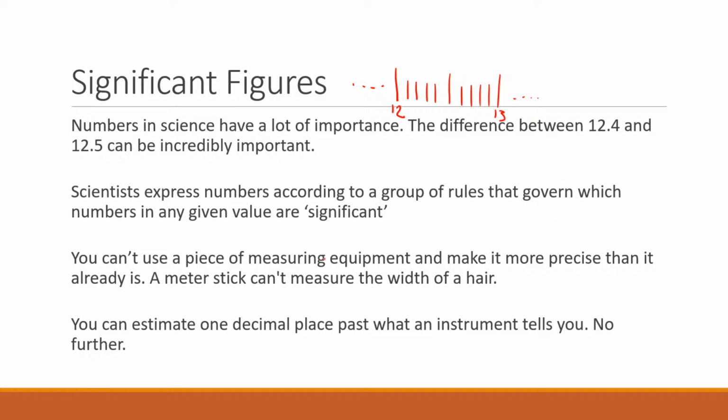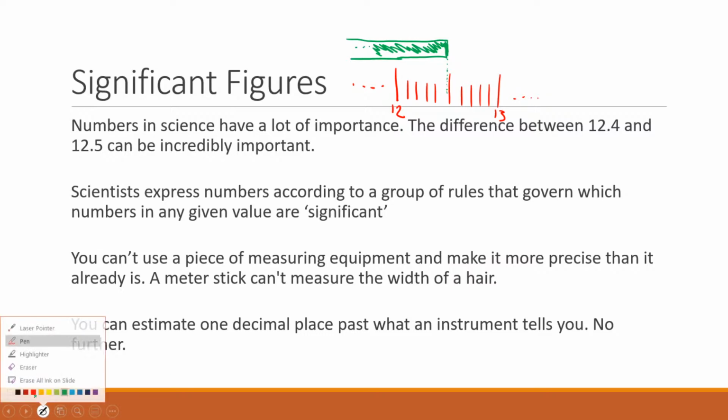If I have this ruler and I want to measure the length of this funky green square and see how long this thing is, and I have a measurement that comes right about there, that means my measurement is going to be 12.49.